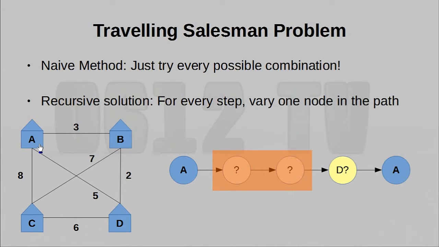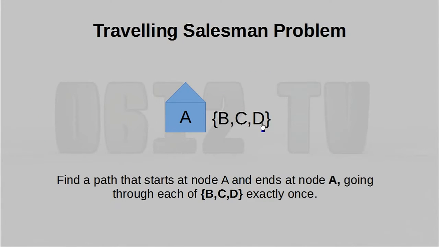Right? Recall what that statement means. We wanted to start at A, we wanted to end at A, and we wanted to visit everything else exactly once. So essentially, this just says solve the traveling salesman problem on that graph. So hopefully up to this point, everything is clear. With this, we can begin to trace the naive method of solving this problem.